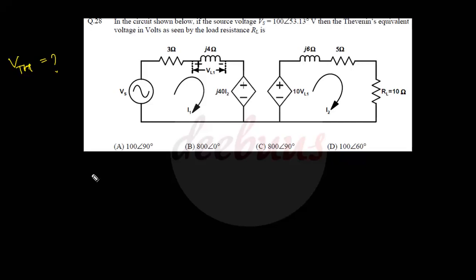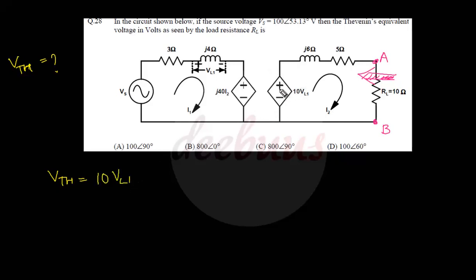Now for calculating the Thevenin voltage, we have to deactivate all the voltage sources. We have to evaluate at these 2 points. First of all we have to remove the resistance RL equal to 10 ohm, and the Thevenin equivalent consists of only a voltage source of plus or minus 10 VL1.